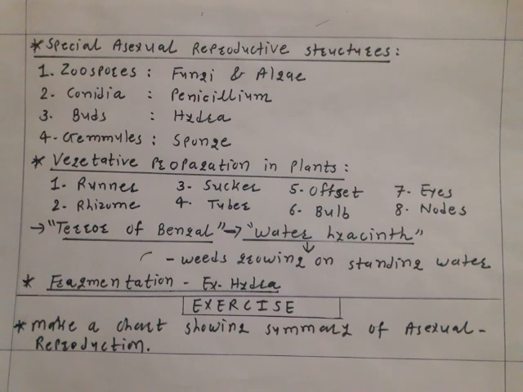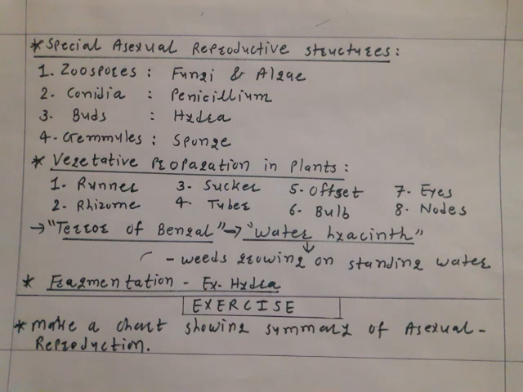Third, sucker. In some plants, sucker formation takes place for vegetative propagation. Fourth, tuber. Tuber formation is observed in potato. It is one kind of method of vegetative propagation where a new organism is developed. Fifth, offset. Offsets are observed in Pistia.